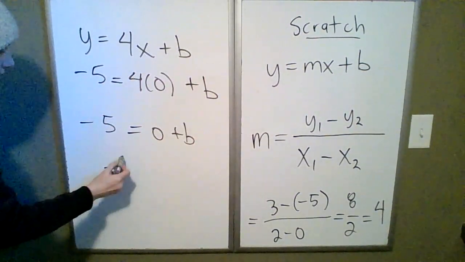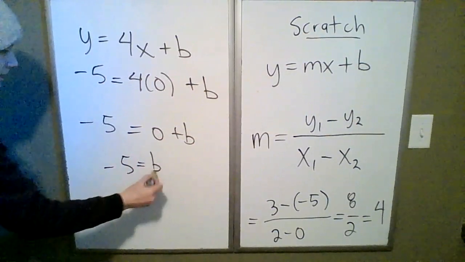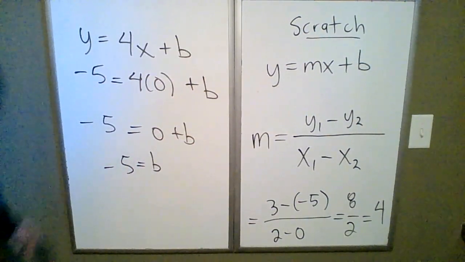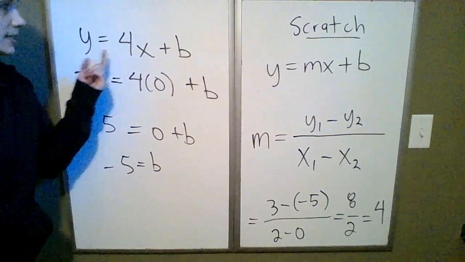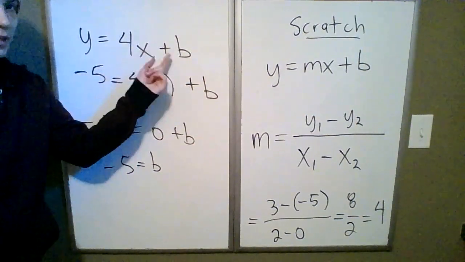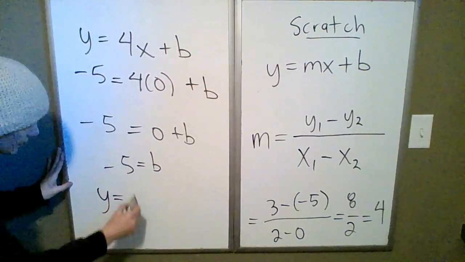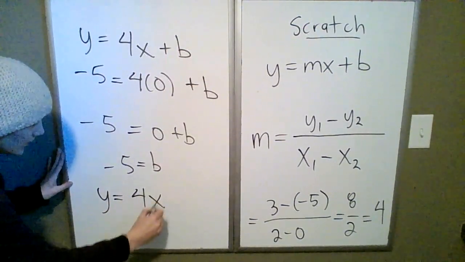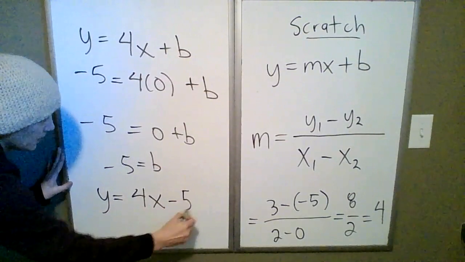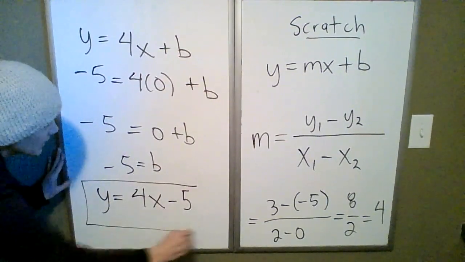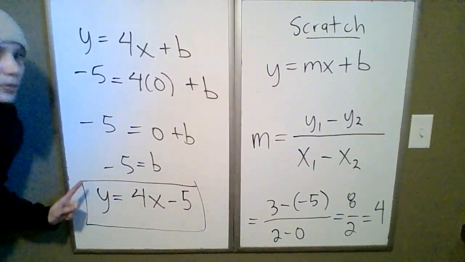B is -5. So y is equal to 4x plus -5, or y equals 4x minus 5. That's the equation of the line that passes through those 2 points.